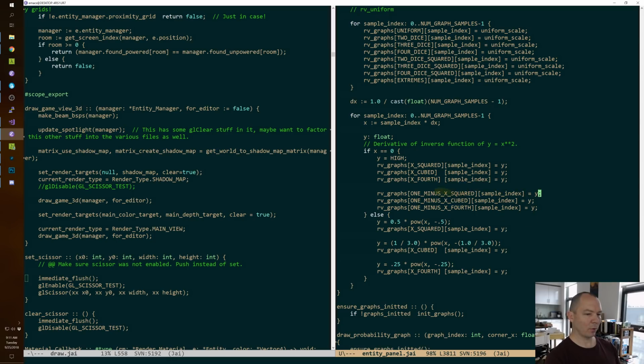Actually, that's not going to be right. Hold on. So we're doing to the interval, right? Y equals 1 minus x squared.